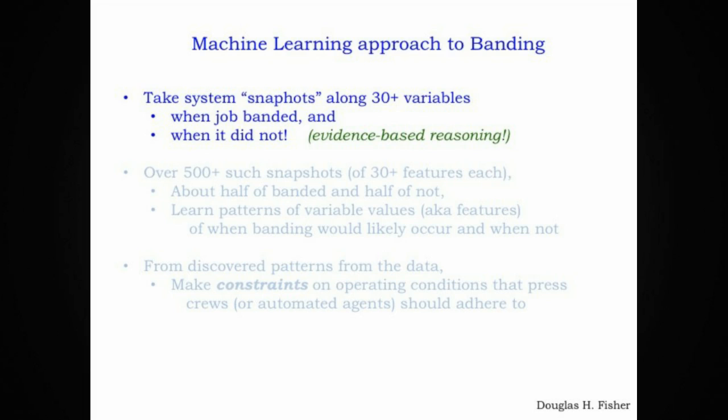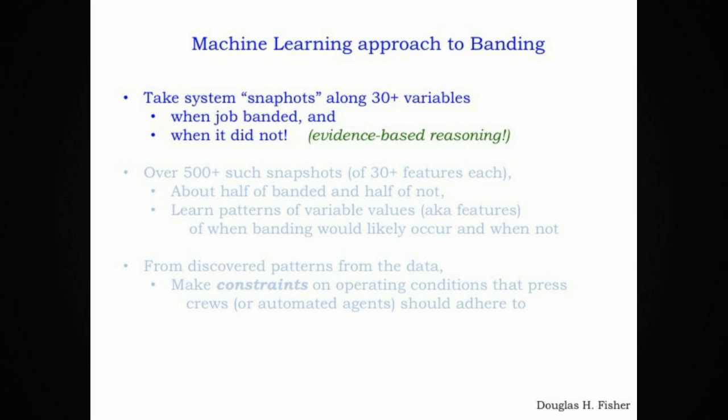And these are just values that were collected at various points along the variables. So literally they took the temperature of the ink, of one of the sample printing units, when they were taking one of these snapshots. And importantly, they took snapshots when a printing job, as it's called, banded. When a band formed, since we wanted to avoid bands, it was important to take system snapshots when they occurred.